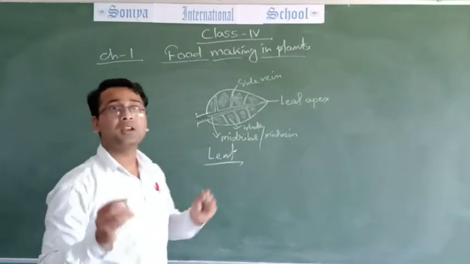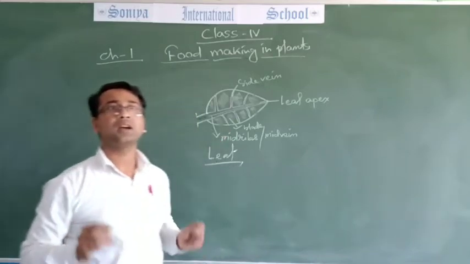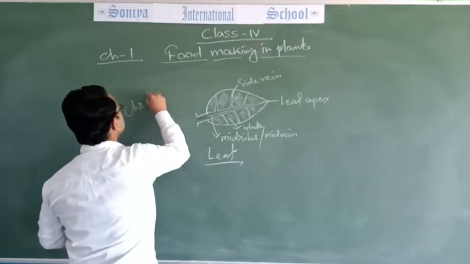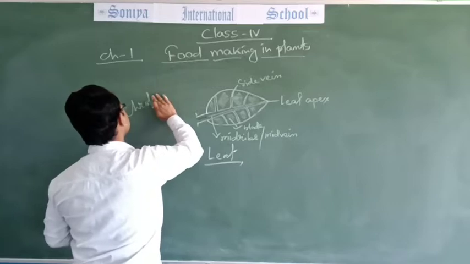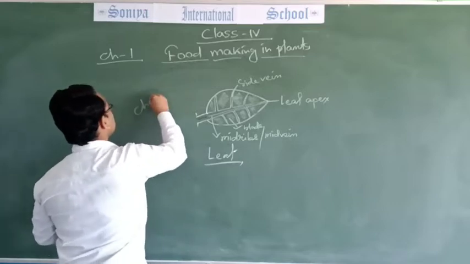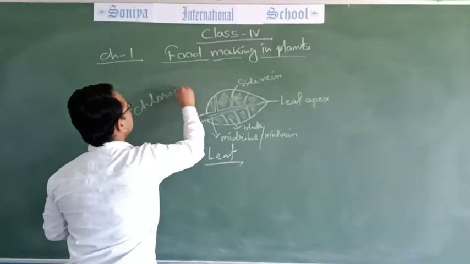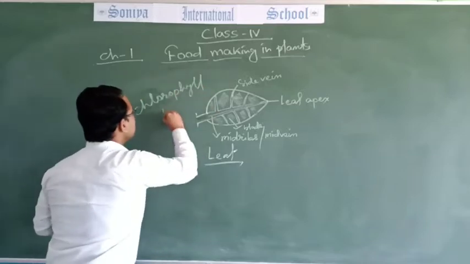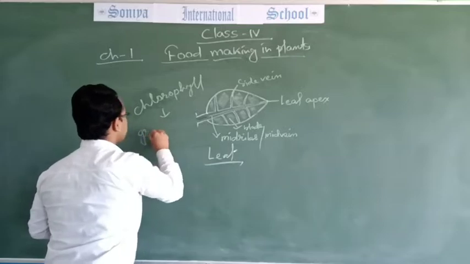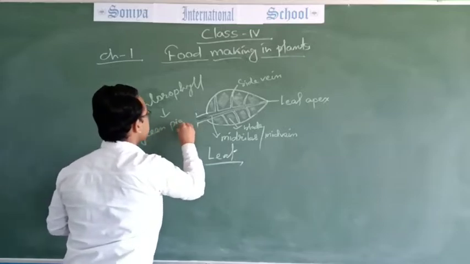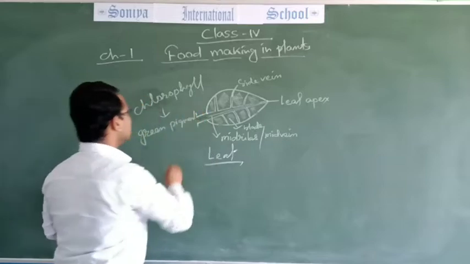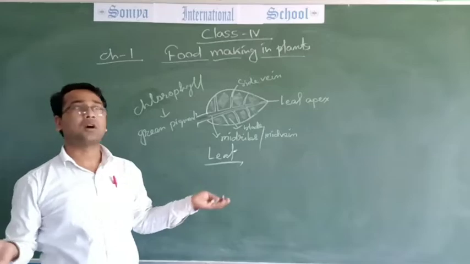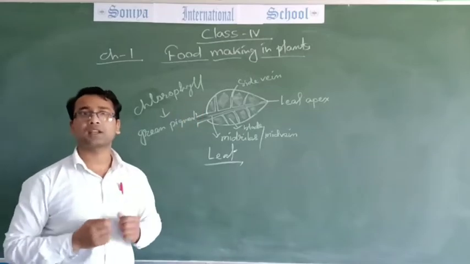Chlorophyll is a green pigment. So the leaves are shown green. Is that clear?